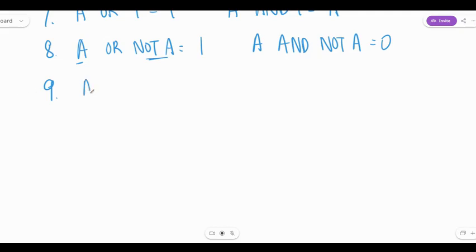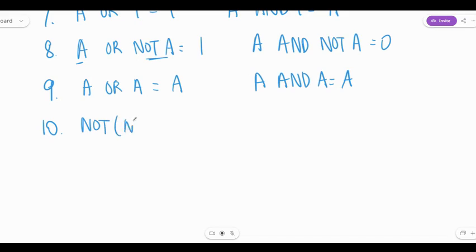Next, we have A or A is equal to A, and A and A is also equal to A. Finally, our 10th rule, if you apply not twice, not of not A is equal to A.